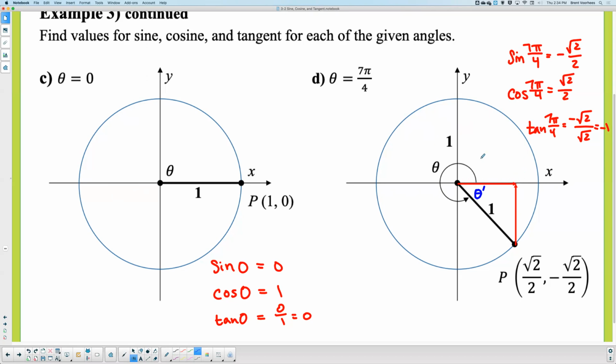It's square root of 2 over 2 units. That's how far this side of the triangle would be. The hypotenuse of this triangle is 1 because it's the same thing as the radius. This length would be negative square root of 2 over 2 because you're going down. That's where it would be on the y-axis. So sine is y, cos is x, tangent is y over x.